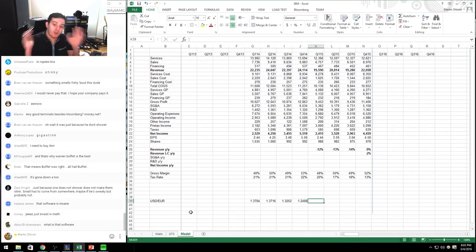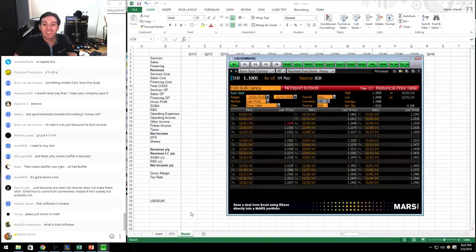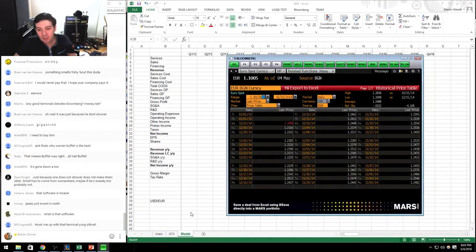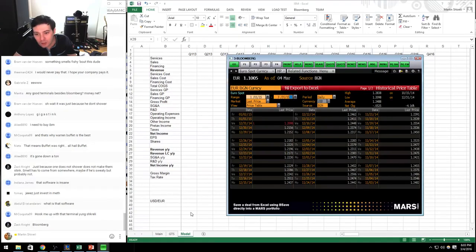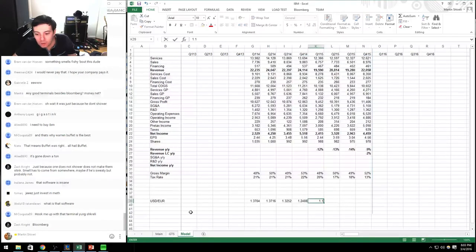IBM is an international company. Literally the first letter of IBM stands for international. So we have to look at the currencies because this could be a big impact. 112.68.